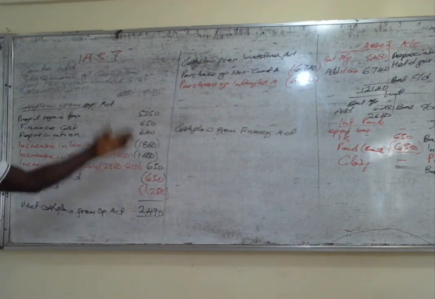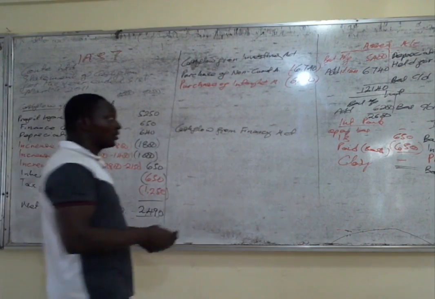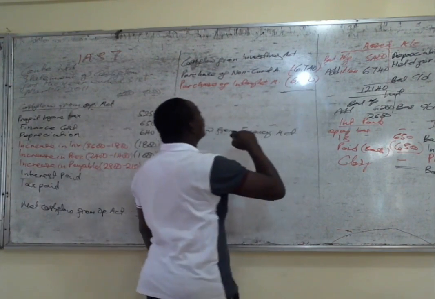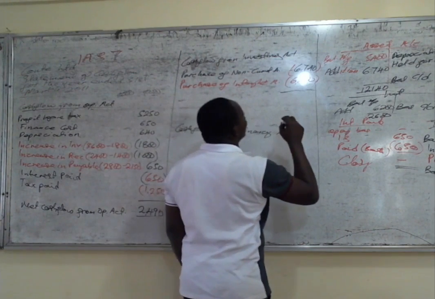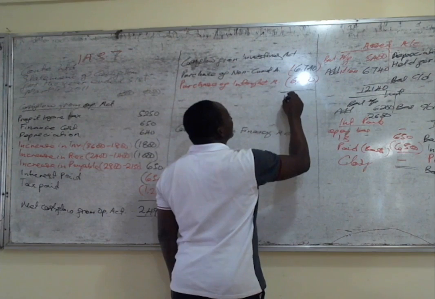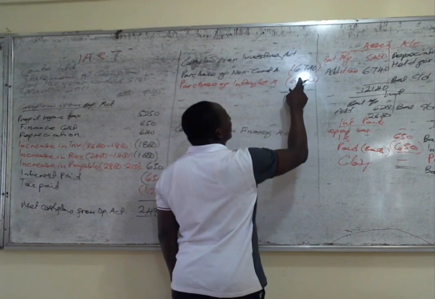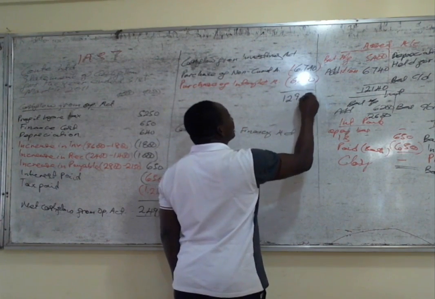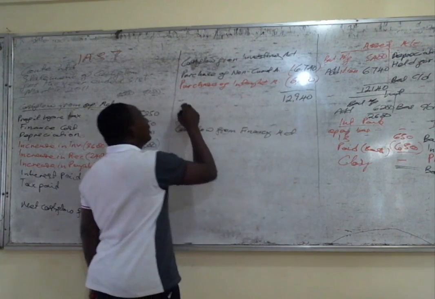There is no other item concerning that, so you put them together and it will be 12,947. So that one is also what?